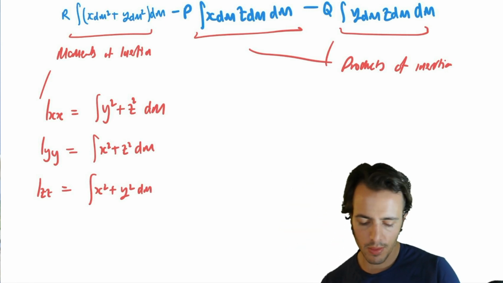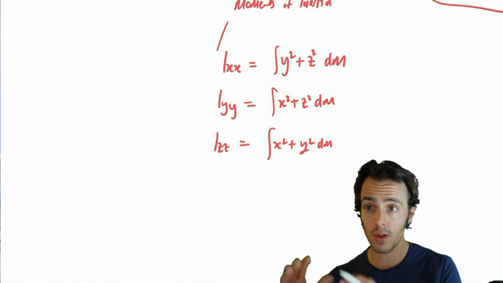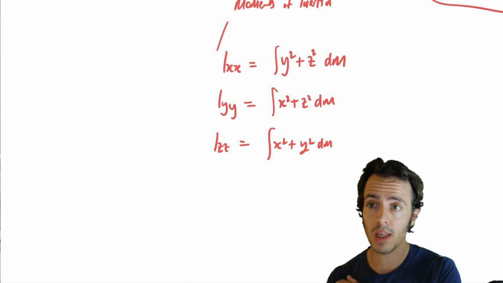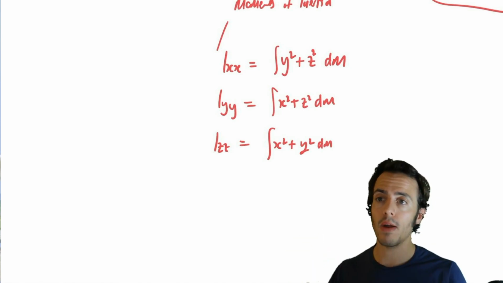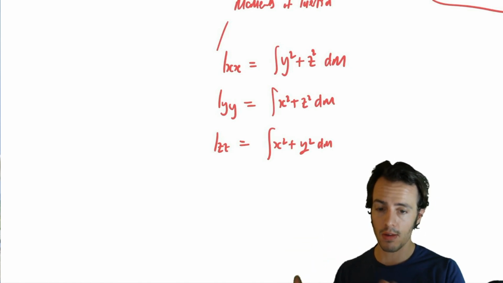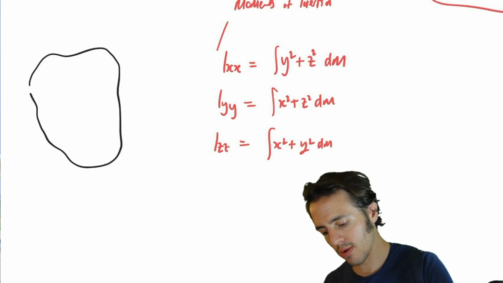So just remember what a moment of inertia helps us determine. It tells us how difficult an object is to turn around a given axis. So it's a function of the actual pure amount of mass that exists around a given axis, and how it's distributed.